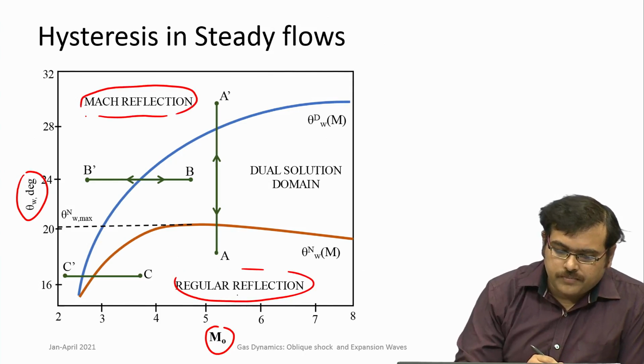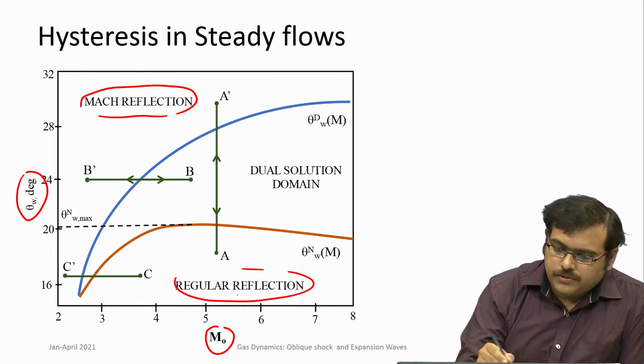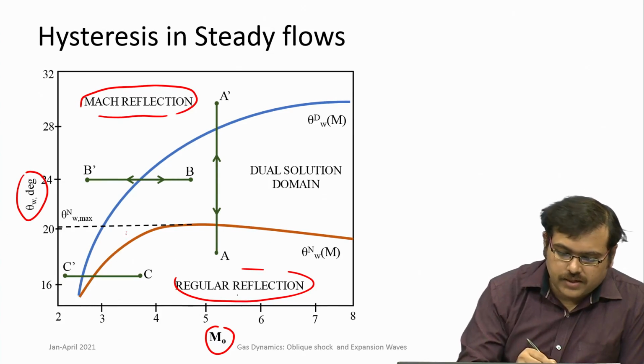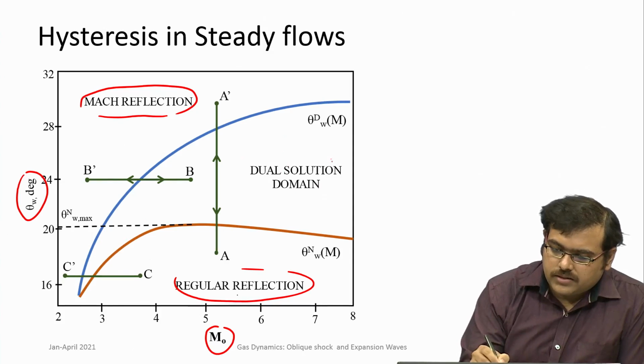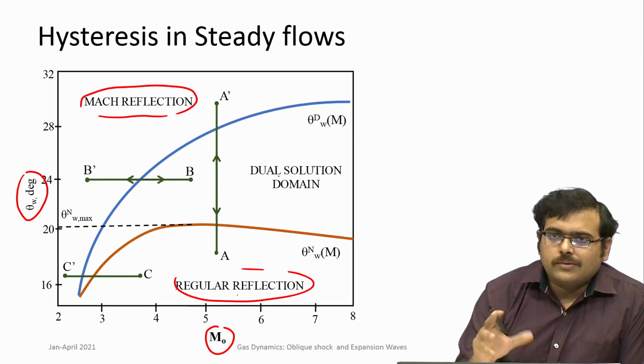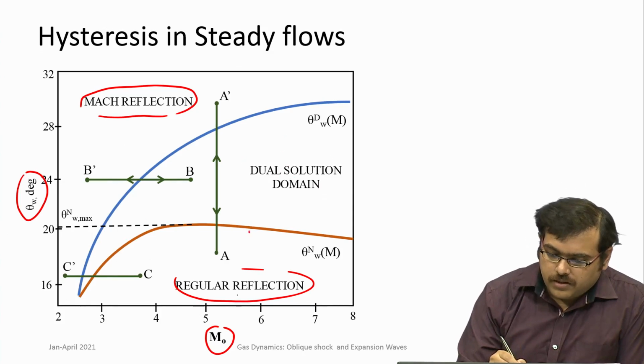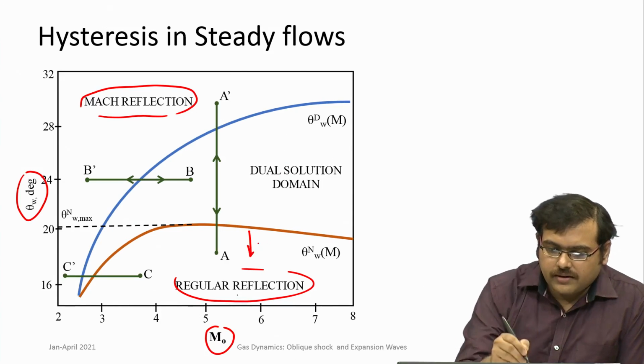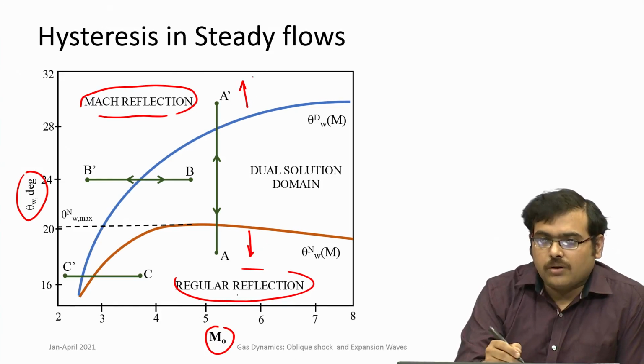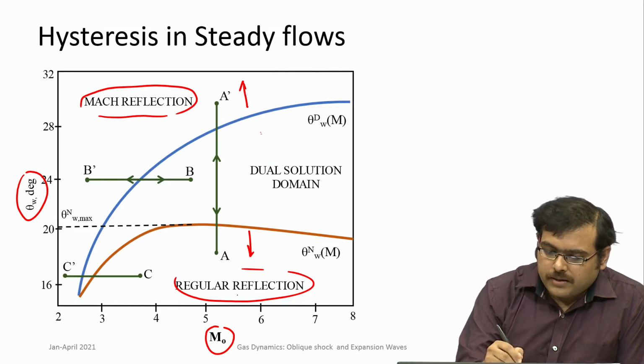Okay, and what lies between these two curves? This is the region known as the dual solution domain, where you can observe either Mach or regular reflection. Below this curve you always get regular reflection, above this curve you always get Mach reflection, but in between these two curves it is possible to see both of them.